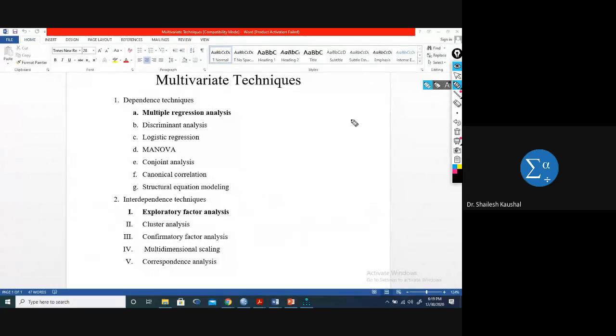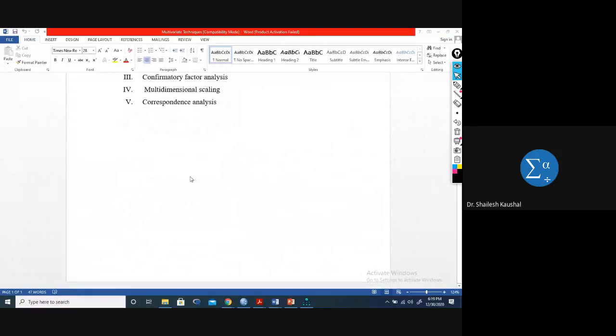Second, we use a path diagram. Like in the case of the factor matrix from exploratory factor analysis, the EFA. So what is the factor matrix?